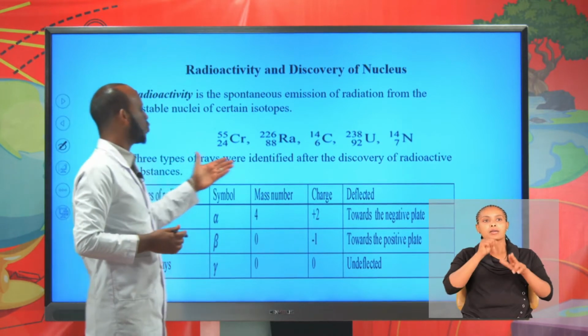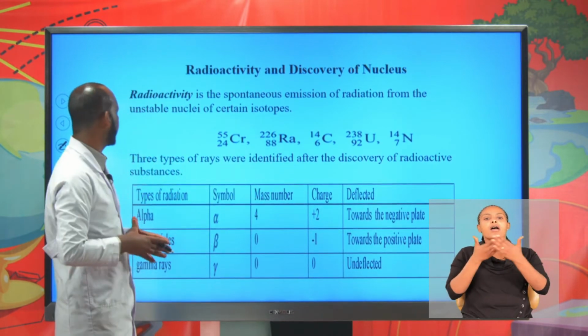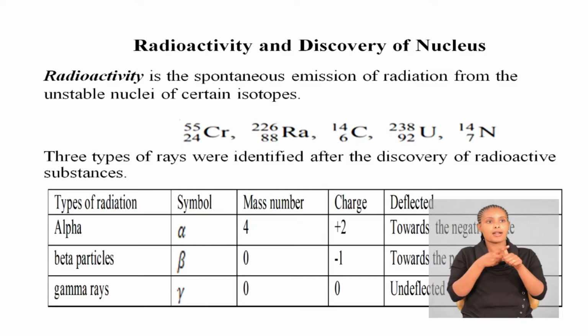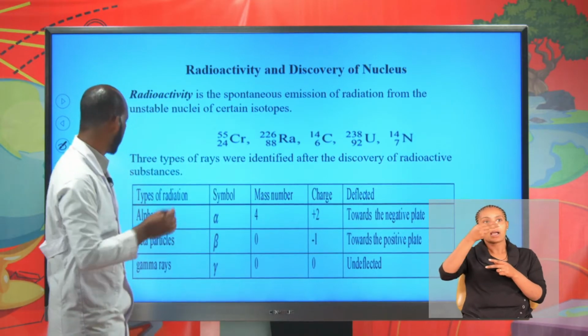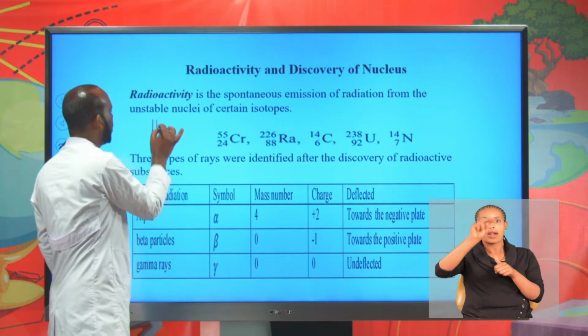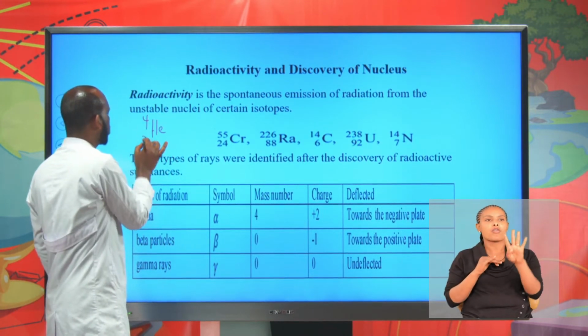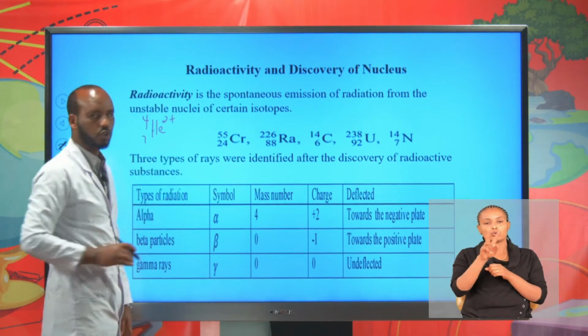Three types of rays were identified after the discovery of radioactive substances. 1. Alpha particles. Alpha particles are known as helium ion. Helium with atomic mass 4 and atomic number 2, charge 2 plus.